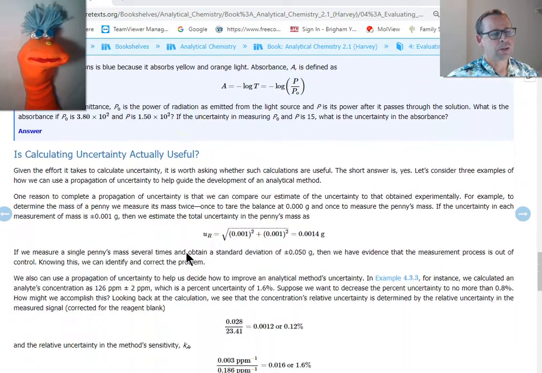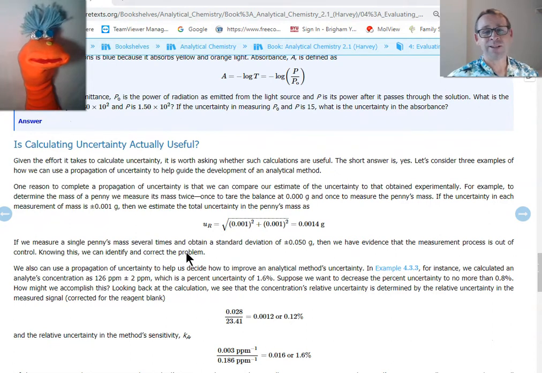All right, so is calculating the uncertainty important? Why would we do this? Well, usually you would do this when you want to see how effective your method is, right? In the very end of your method, you can calculate the error associated with it. If it's a very large error, then it's not going to be helpful, right? And so as you improve your method, you should be able to constantly calculate the error and see if that's improving.